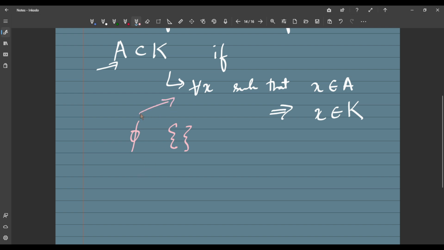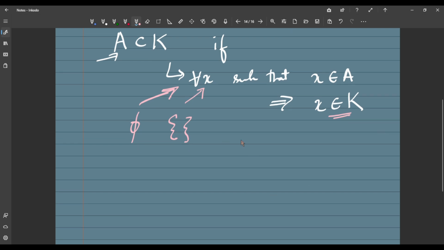Does it imply that this is true? I say that it does, but if someone comes up to me and says that the null set is not a subset of K, I'll ask them to produce an element in the null set, and I'll show them that that element is also contained in K. They wouldn't be able to produce such an element, and hence I'll still be correct.